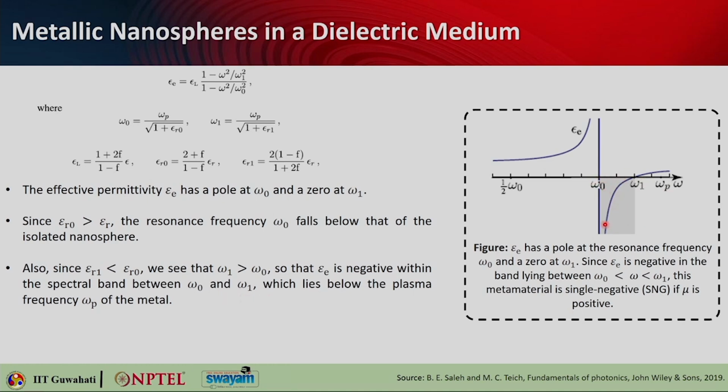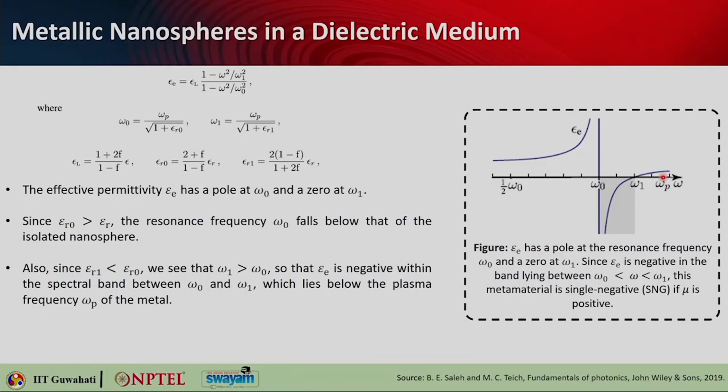If you look into this highlighted region, this is where this permittivity is negative, and this is well below the plasma frequency of the metal. Whatever metal you started with, let's assume gold or silver, omega p will denote the plasma frequency of that particular metal, which is making the nanosphere. But when you put it in the dielectric medium uniformly, the effective permittivity will have a plasma frequency lower than this one.